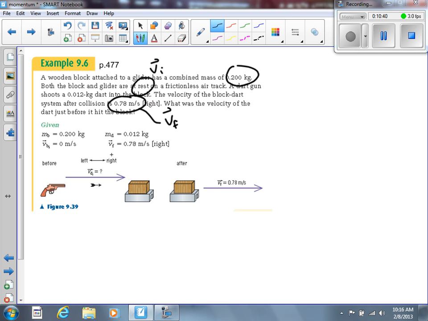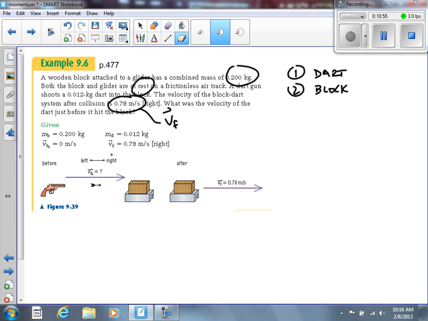Let's call the dart object number 1, and let's call the block object number 2. If that's the case, the block's V2I is 0 meters per second, because it says the block and the glider that it's on are not moving.